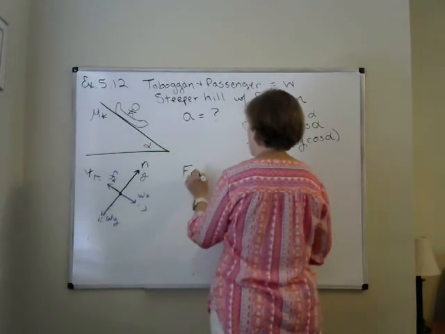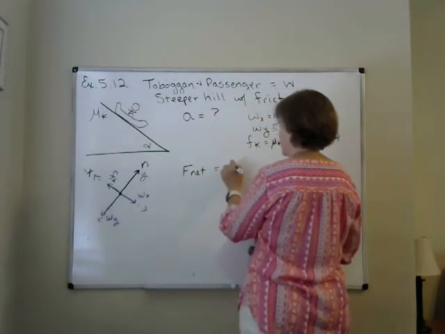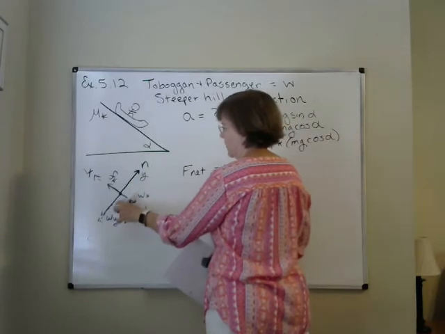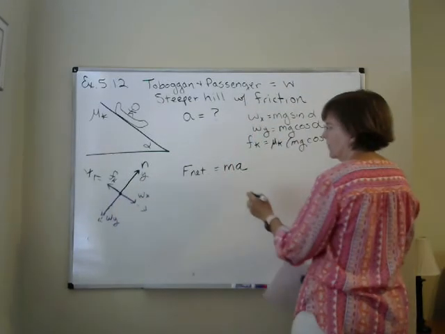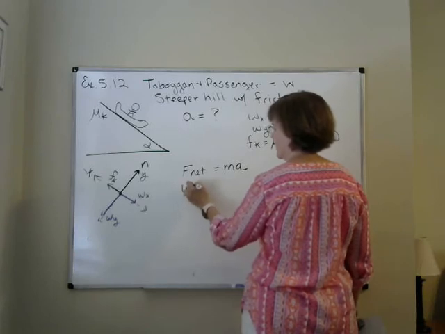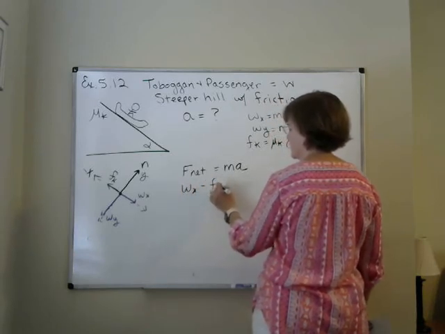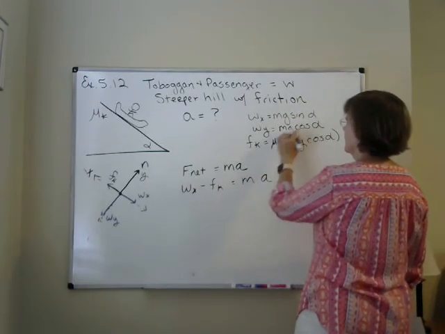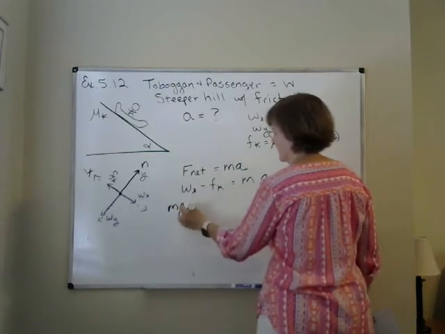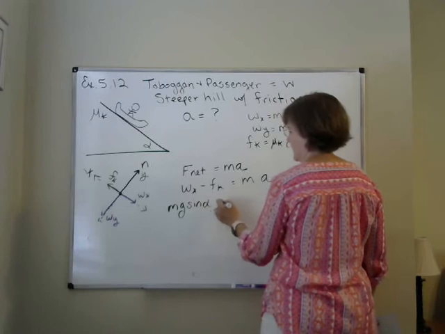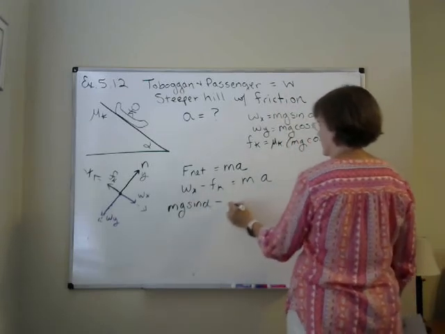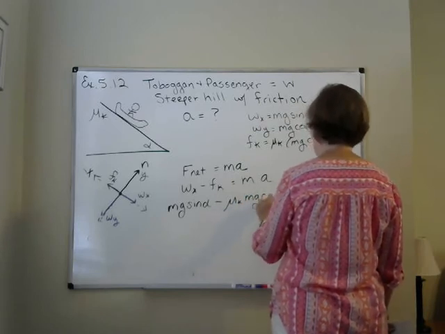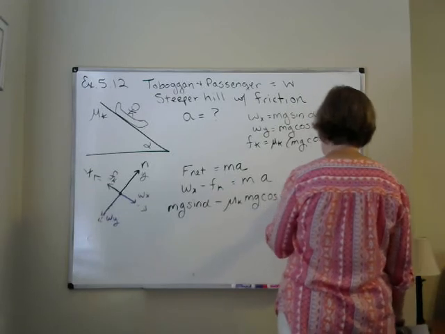The net force has to equal the mass times the acceleration. Now, there is no acceleration vertically. These two are equal. So our net force is just going to be Wx minus friction has to equal mass times acceleration. mg sine alpha, that's Wx, minus the friction, mu k mg cosine alpha equals ma.